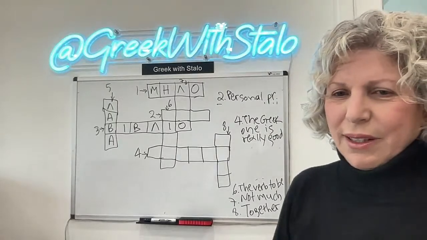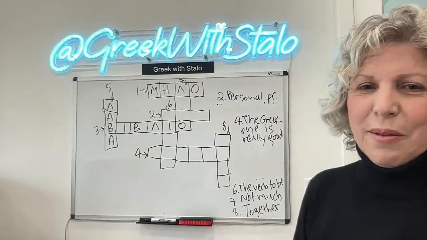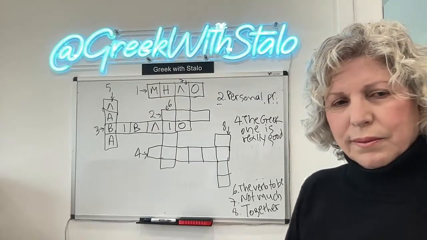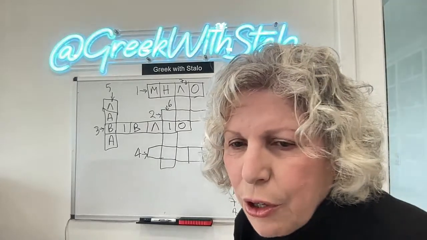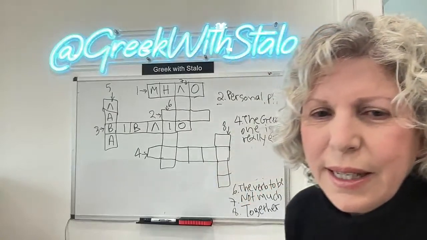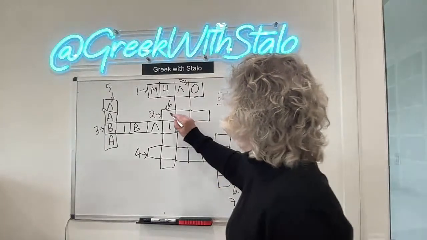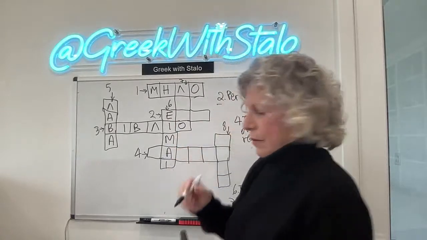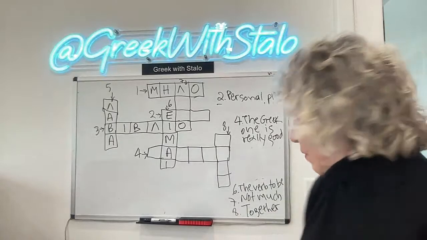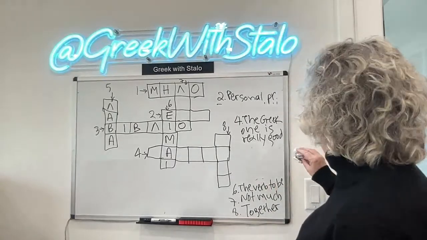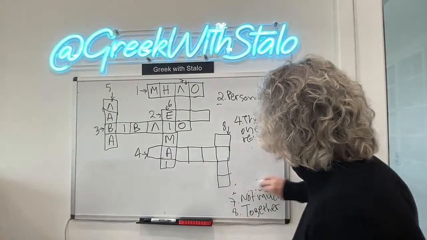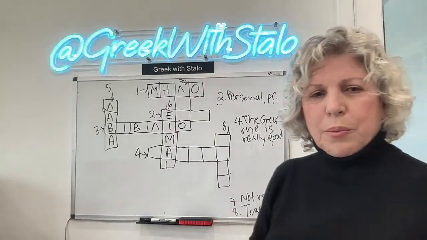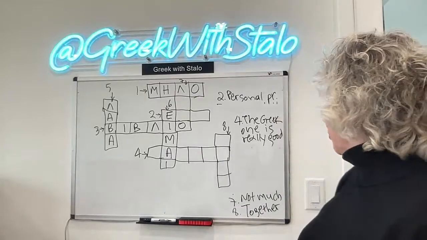We're just trying to solve the puzzle. Okay, George says number 6, ime. That's correct. That's great. So this is number 6, the verb to be, ime, which means I am. It's the first person singular.